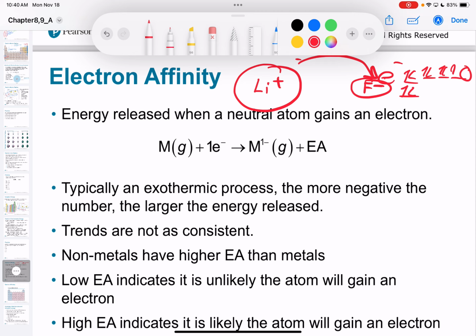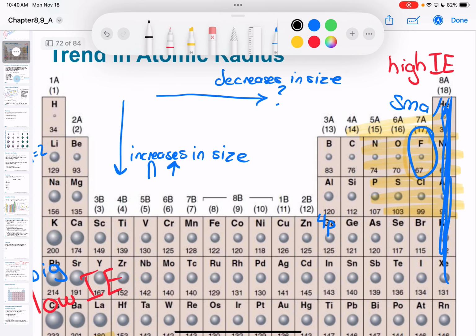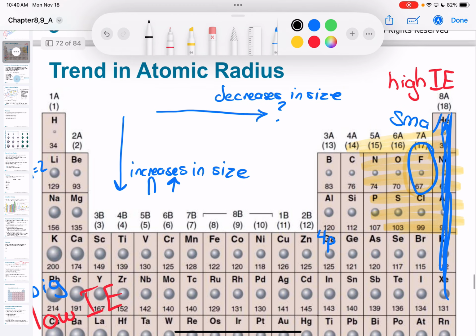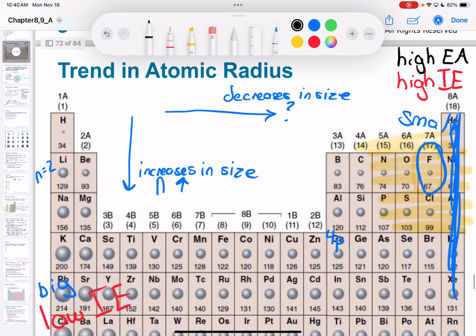So again, this all goes back to size. I'm going to go back to our picture of size on the periodic table, and I'm going to say these also have high electron affinities. The electrons really like to spend time by fluorine. In Chem 2, we'll give this a slightly different name.